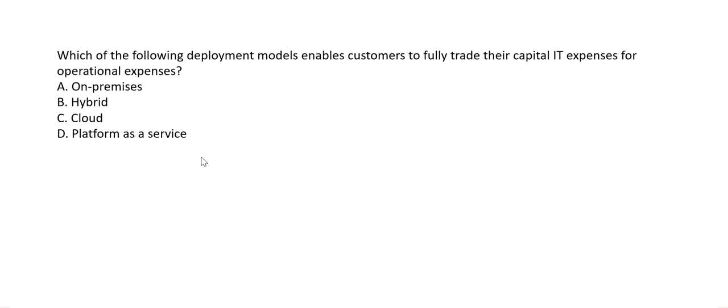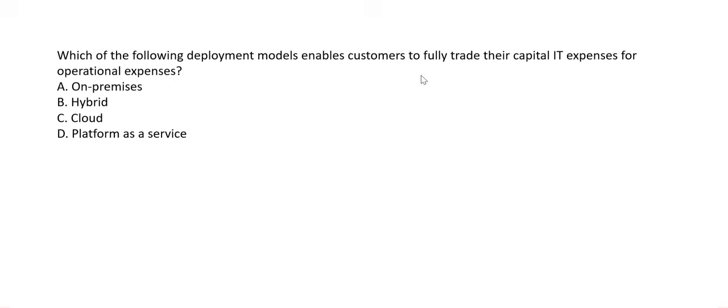Okay, let's look at this one. Which of the following deployment models enables customers to fully trade their capital IT expenses for operational expenses? So what is happening is, capital expenses is like if you want to set up an infrastructure or data center, then you have to buy all those hardware upfront, and that will cost you a huge amount of money upfront.